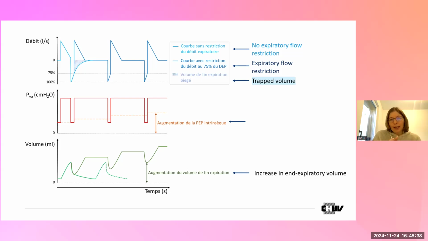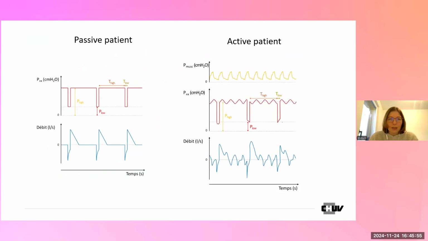But if this time is really too short, then we have an increase of the intrinsic PEEP, and finally of the end expiratory volume. And we can use this concept to set the duration of the expiratory time. I'm just going to show you that in the next slide.